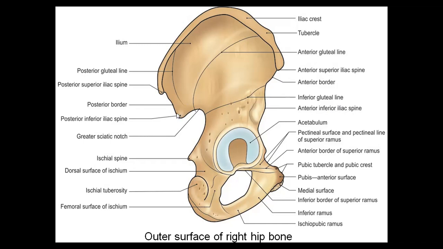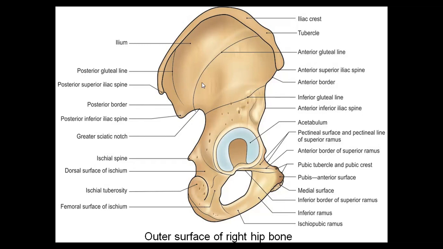Now if you look at this hip bone, the ilium component has three surfaces. The surface towards the acetabulum, facing outwards, is called the gluteal surface. It is called this because it gives attachment to gluteal muscles. We have certain gluteal lines in between which the gluteal muscles originate.